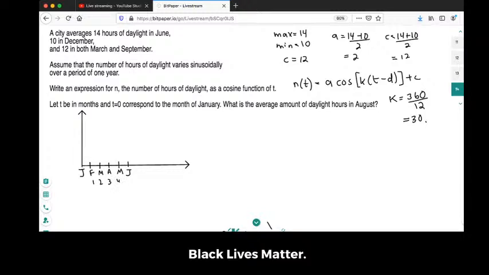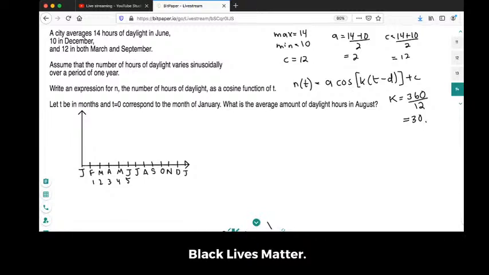Be really careful with these kinds of questions in terms of what they tell you to correspond to t equals 0, because it will change how you approach the question. So June, July, August, September, October, November, December, and back to January.